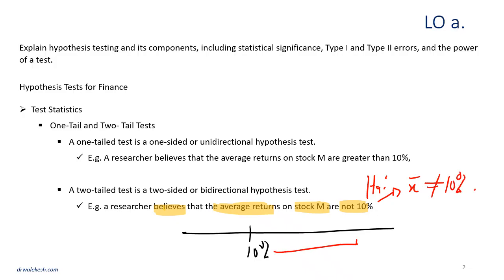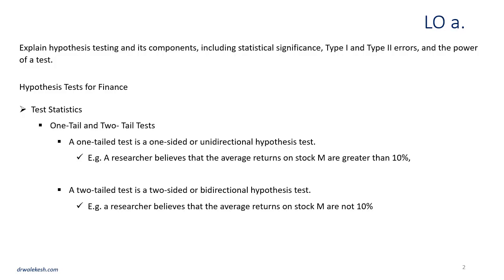So it could be greater than 10% or it could be less than 10%. We can see that it is two-sided, but it is not 10%. Unlike this, that the side was just one-sided based on the researcher's belief. But what we have here is a two-sided test, which simply means we are dealing with a two-tailed test.